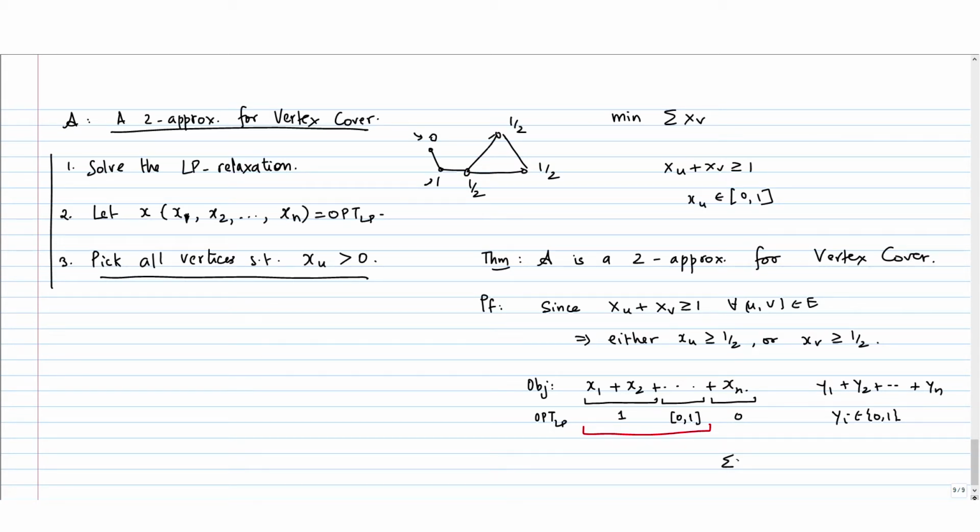We want to prove that sigma y sub i is at most 2 times sigma x sub i. So, let us say this produces a solution y 1, y 2 up to y sub n, where the y i's are 0 or 1. Is this clear so far?